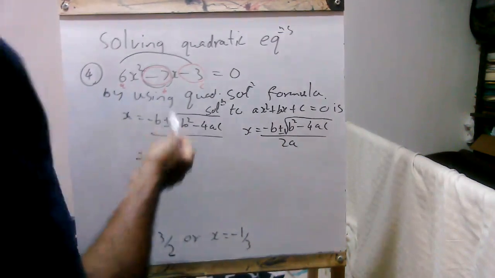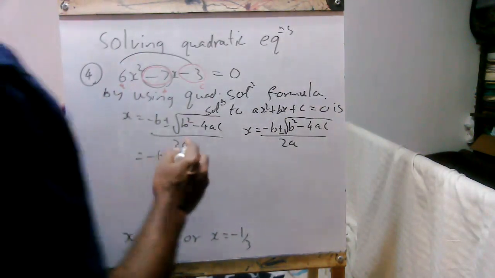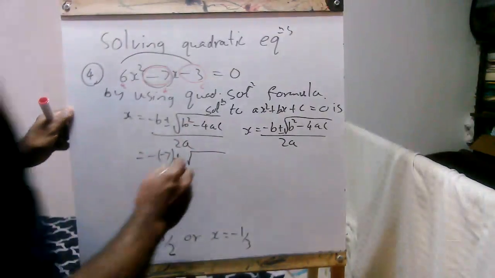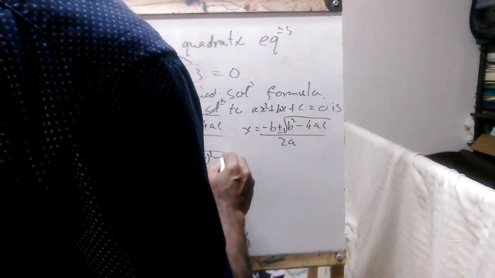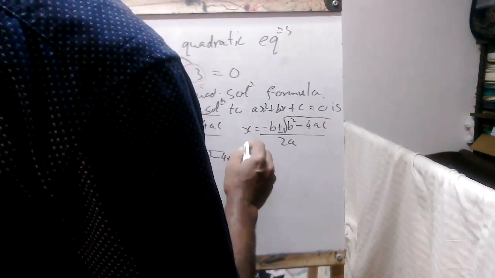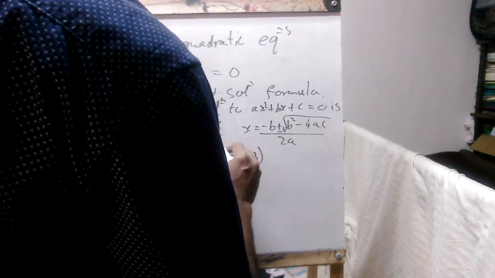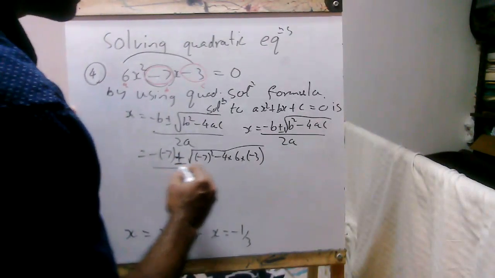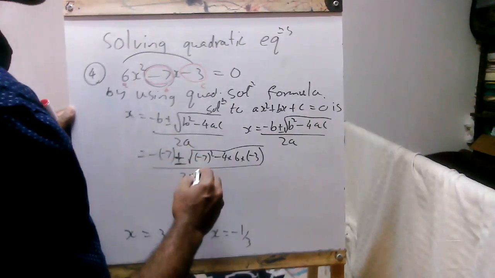My sincere advice to you in substituting is to substitute in parentheses. Whatever you substitute, put it in parentheses. Square root of b squared, negative 7 squared, minus 4 times a, which is 6, times c, which is negative 3. Divide by 2 times a, which is 6.